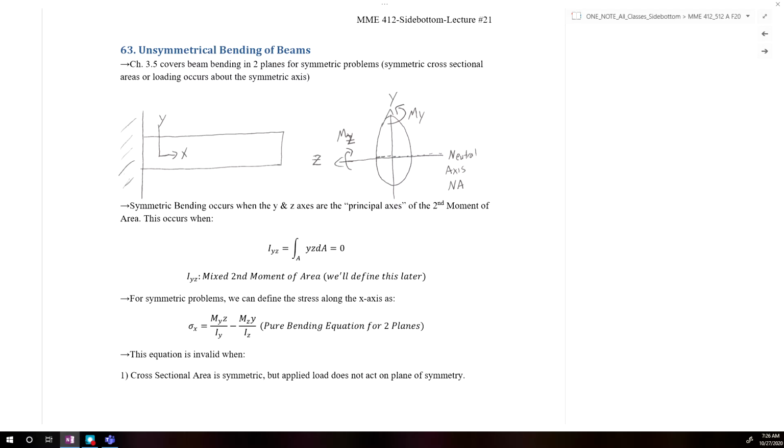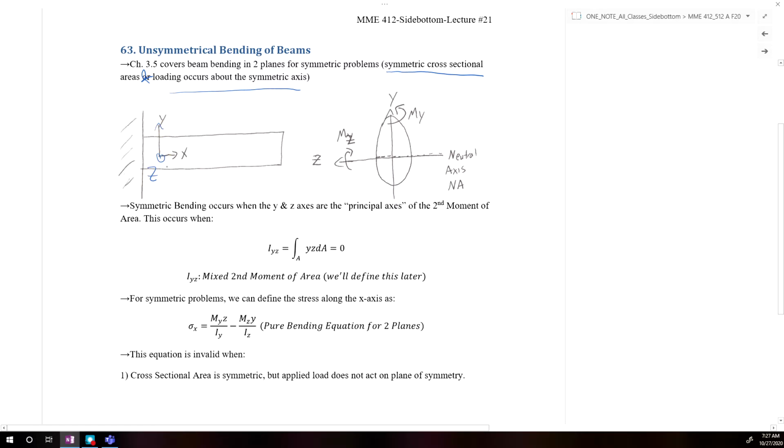In the case where we have symmetric bending, so we have a symmetrical cross section and symmetrical loading about the neutral axes, it looks something like this, where we have a cantilever beam with our x, y, and z coordinates.